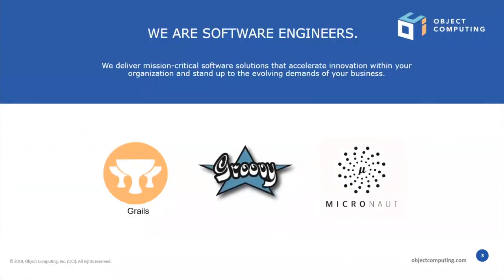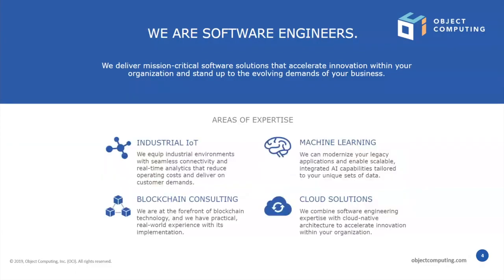So some of you might be OCI machine learning customers. You may not know that there's a bunch of experts in Object Computing that are in the Groovy Grails and Micronaut space. And those in the Groovy Grails and Micronaut space might not know that there's also teams of people in other areas, including machine learning.